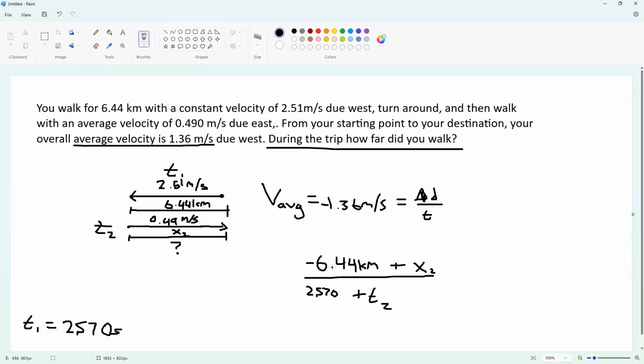We would have to do the change in displacement over time again, but this time using the 0.49 meters per second and the x.